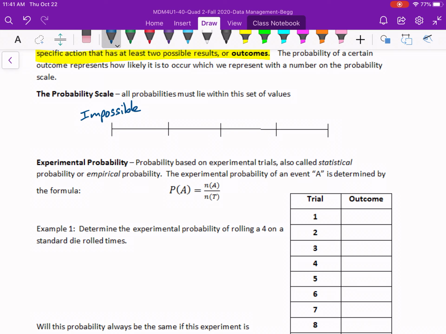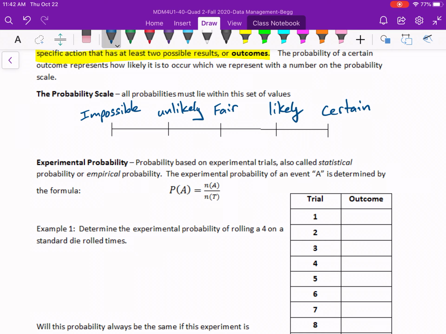If it's 100%, well, I'm already throwing numbers in there, but if it's a guaranteed sure thing that it's going to happen, that would be the other end of the scale. So we'll say that that's certain to happen. And then we have things that are in between. Maybe in the middle, we've got a fair chance of something happening. We've got unlikely down at this end, and we've got likely up at that end.